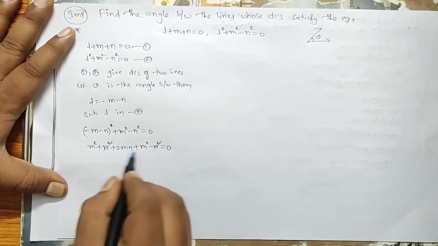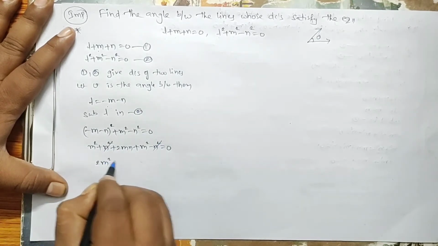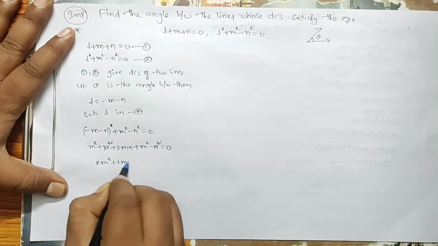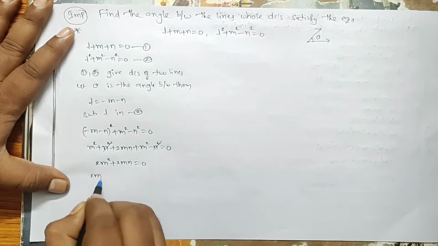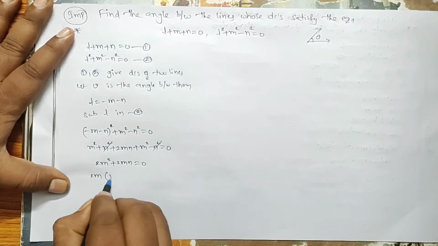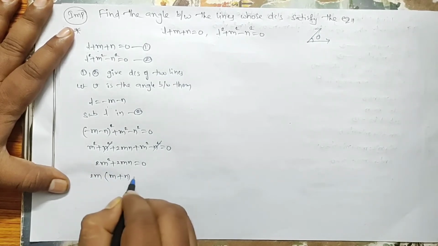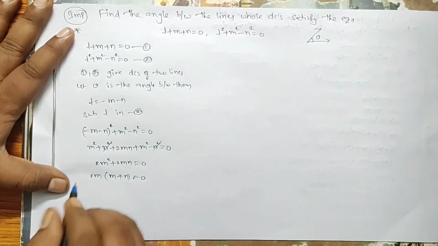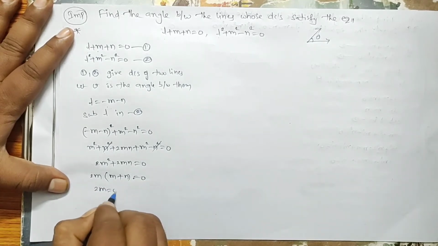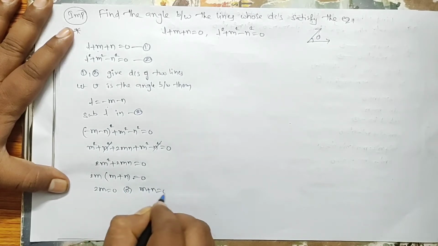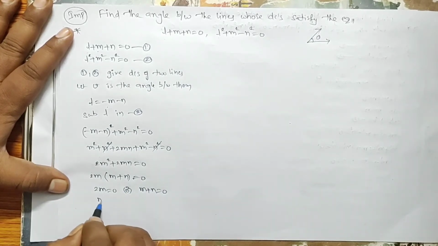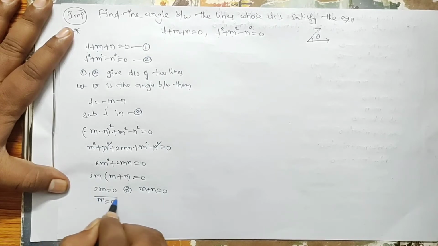We get 2M square plus 2MN is equal to 0. Take the common 2M outside. We get 2M into (M plus N) is equal to 0, so 2M is equal to 0 or M plus N is equal to 0. Then M is equal to 0, this is case 1.